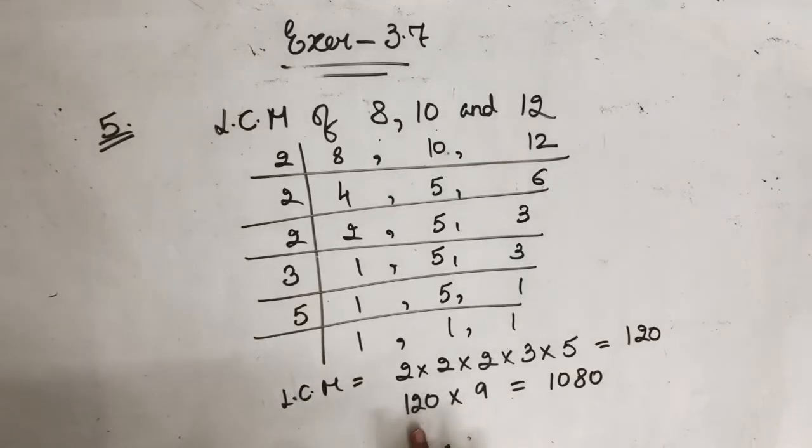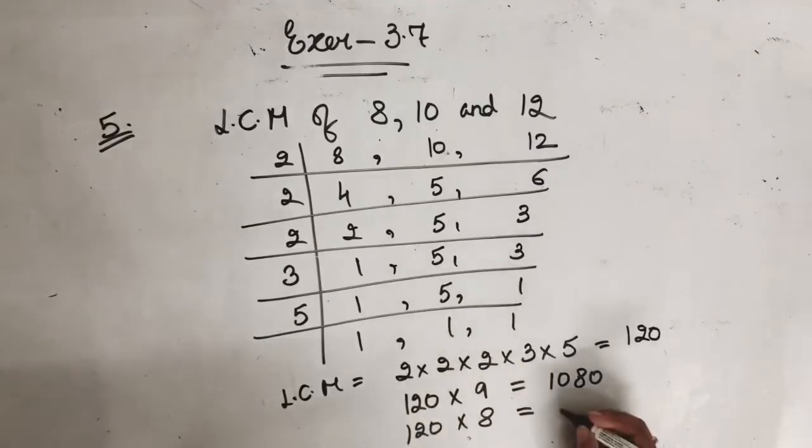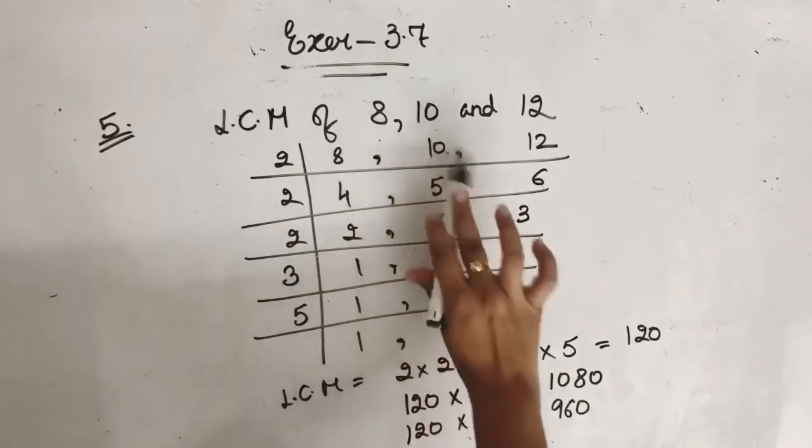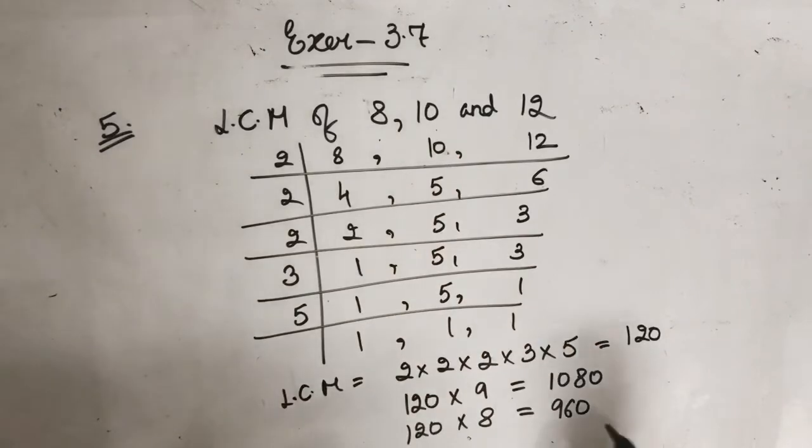When we are multiplying 120 by 9, we are getting a 4-digit number, but we need a 3-digit number. So we'll multiply 120 by 8, so it will be equal to 960. So 960 is the greatest 3-digit common multiple of 8, 10 and 12. So this is the answer.